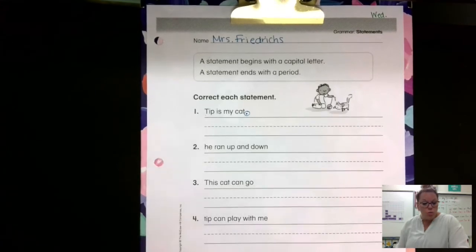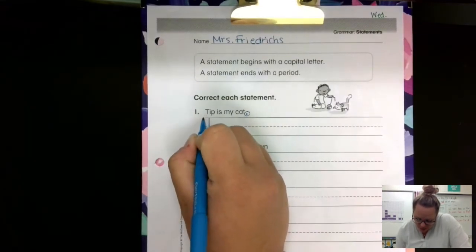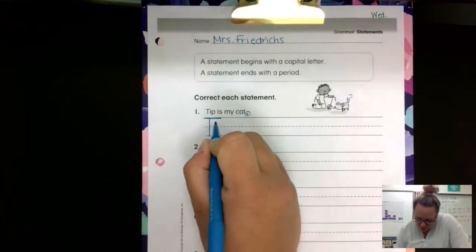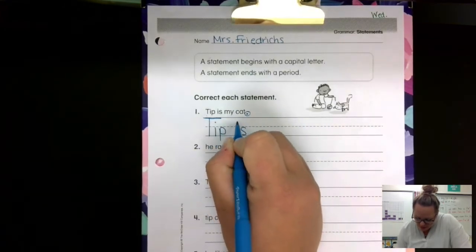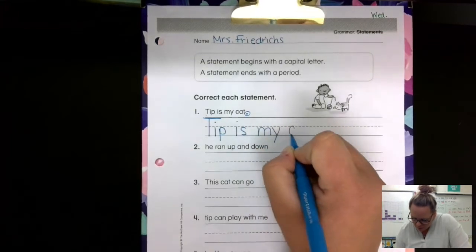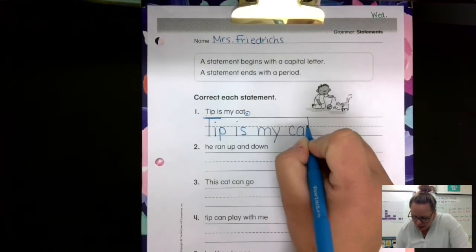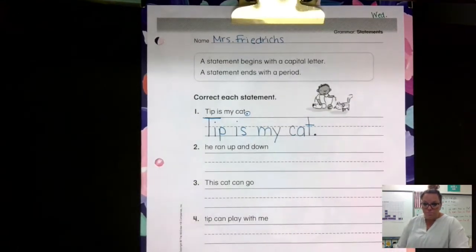Now, we need to rewrite the sentence. We need to rewrite it exactly how it is with a capital T for tip and a space in between each of my words. And I also need to make sure that I put a period at the end of my sentence.